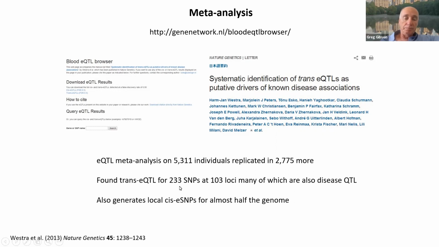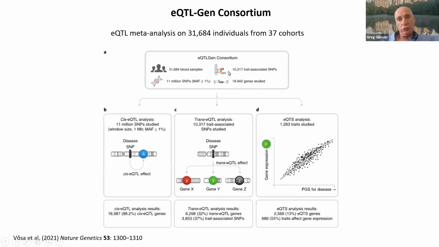So one locus affected by variants in multiple different loci in the genome. And then many of those were disease associations. So this is a pretty comprehensive study, but actually was superseded last year by Urmo Võsa, Nick Claringbould, and others.